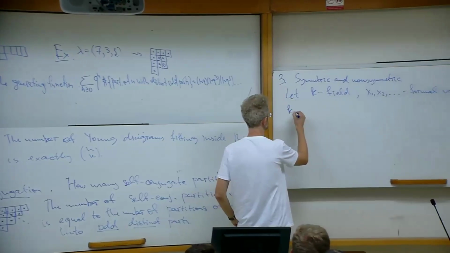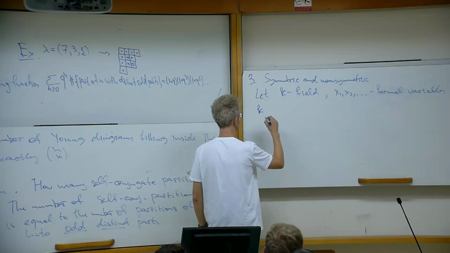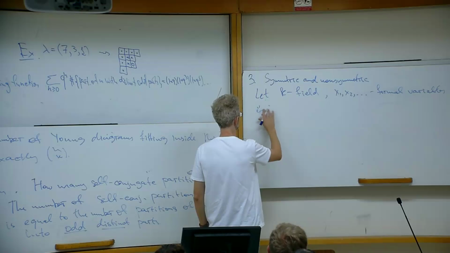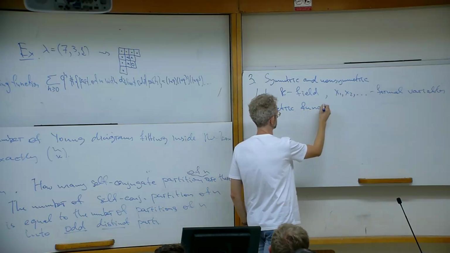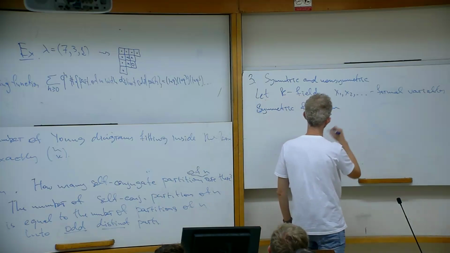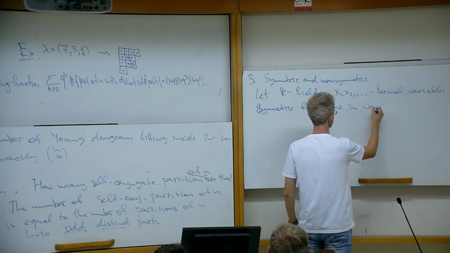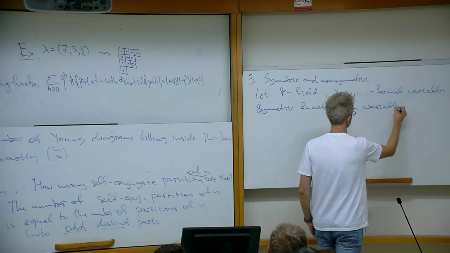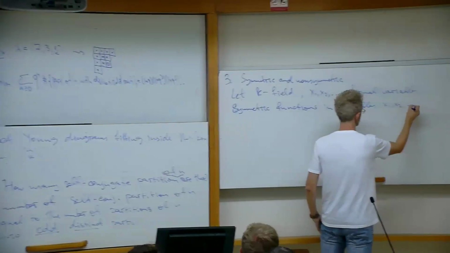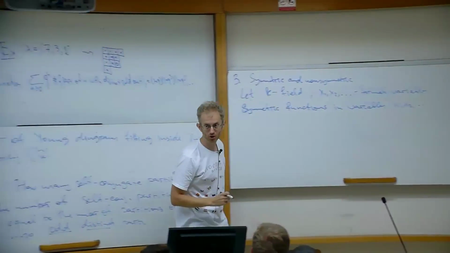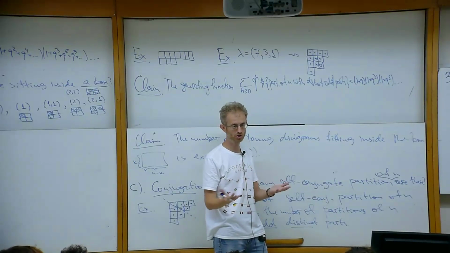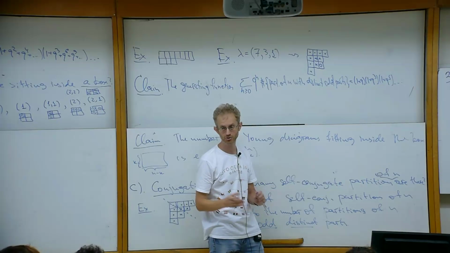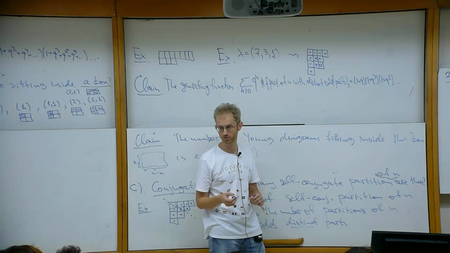Now let me consider symmetric functions, functions in variables x1, x2, x3. Probably all of you have seen symmetric polynomials somewhere. These are polynomials in a finite number of variables that don't change when you permute the variables.